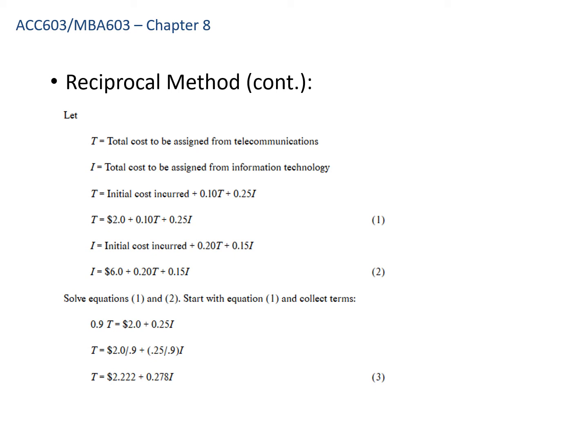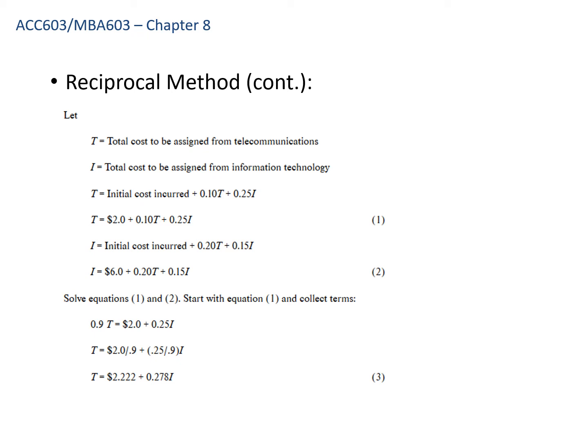So for T, I'm going to say it's initial cost incurred plus 10% of that cost plus 25%, 0.25 of the I cost, the information technology cost. So for initial cost incurred, that was 2 million. So I've got T equals 2 million plus 0.1 T plus 0.25 I.